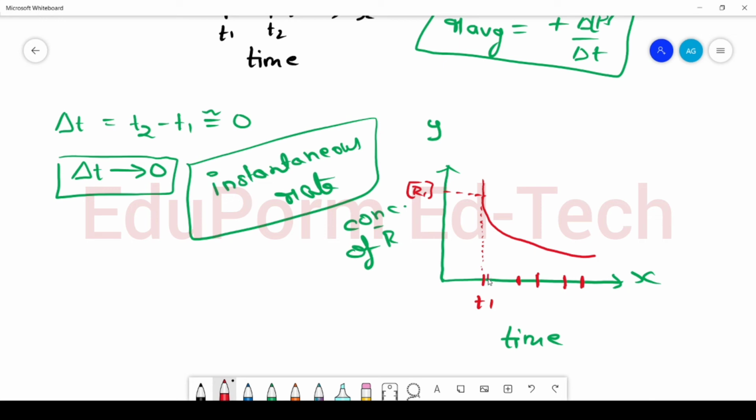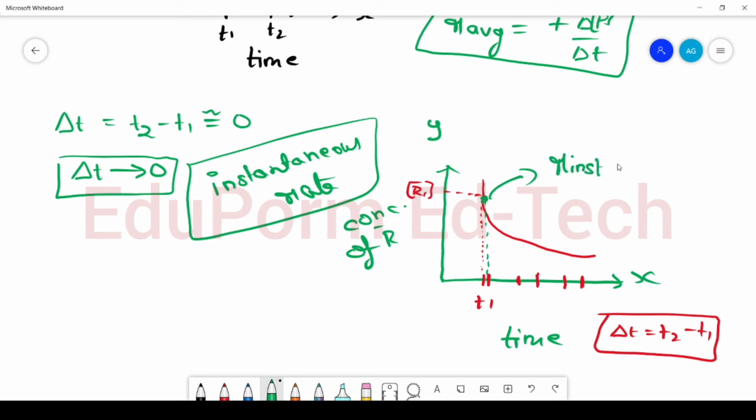It is just closest to T1. So in this case the delta T, that means T2 minus T1, is negligible, nearly equal to 0. So under this situation I will get the rate at a particular point, and that rate at a particular point will be called the instantaneous rate.